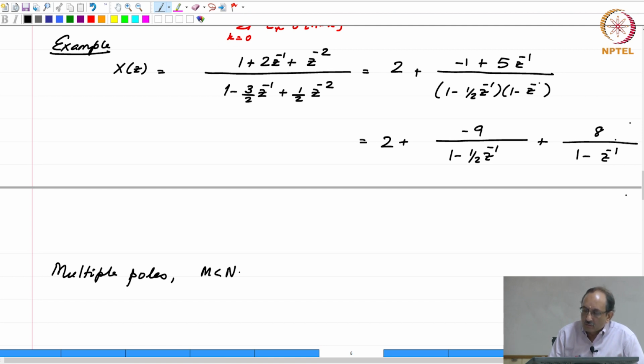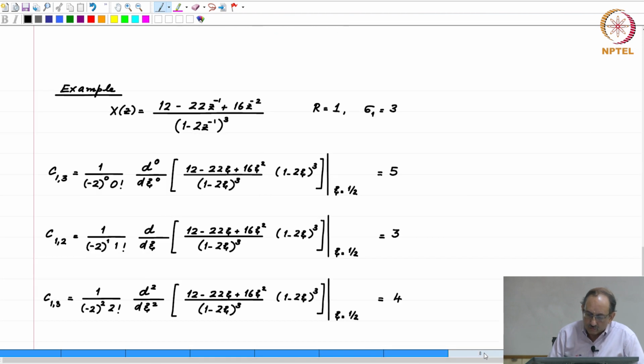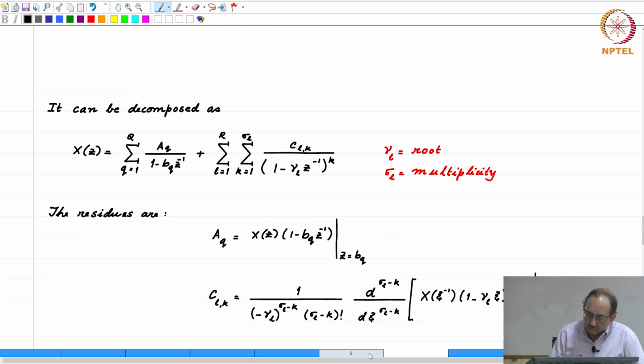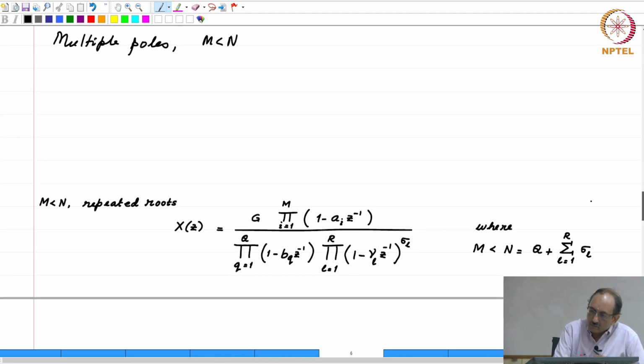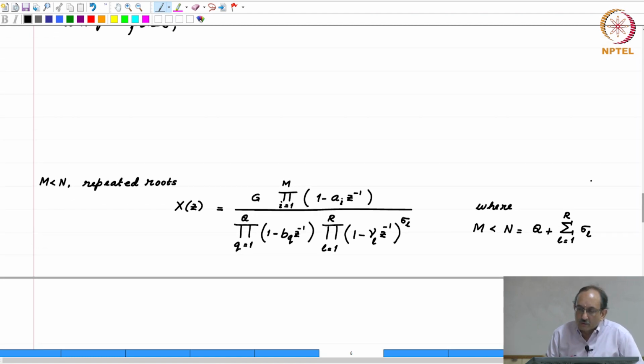And once you express it in proper form, the remainder term will have this, and since this is messy, I have it already written down here. So, this is m less than n, repeated roots.